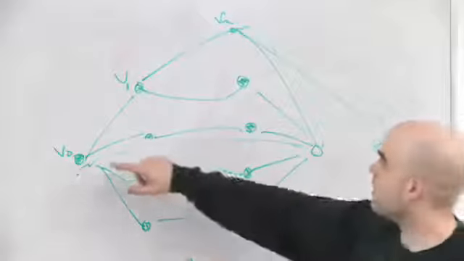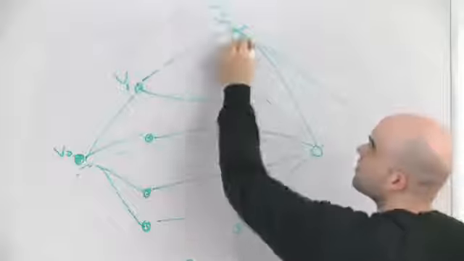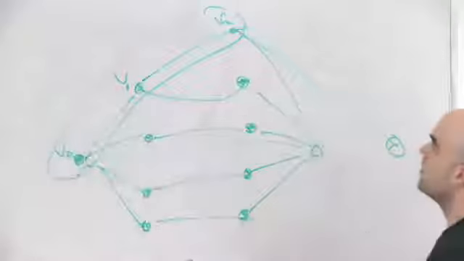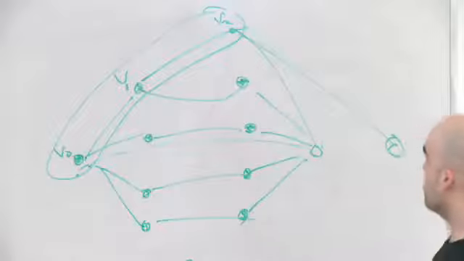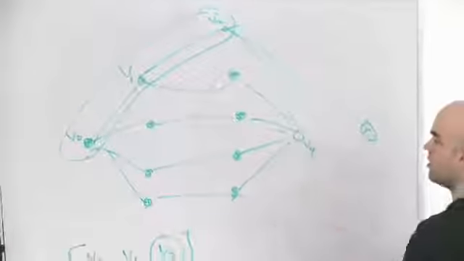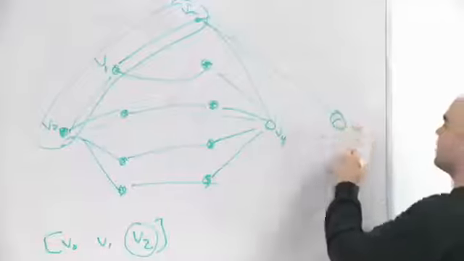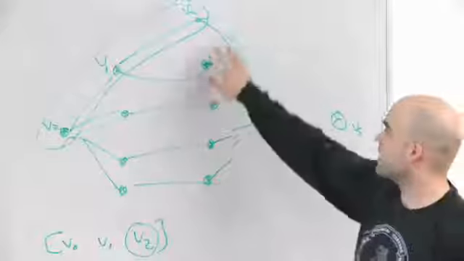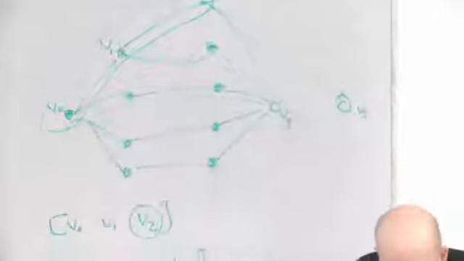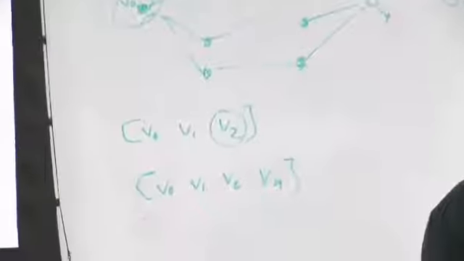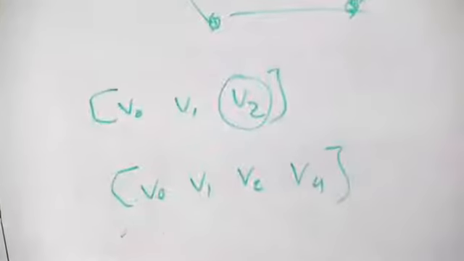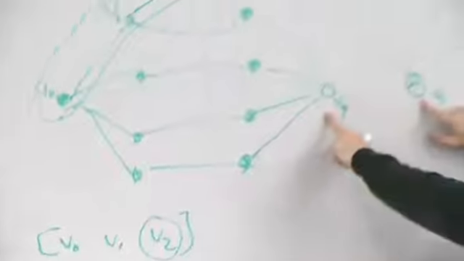Let's say that I have this partial path already. When I'm looking at this path, which is what I'm doing when I pop it off the front of the list of paths that I already have, I'm going to look at all its children. So I'm going to look at these two nodes right here.